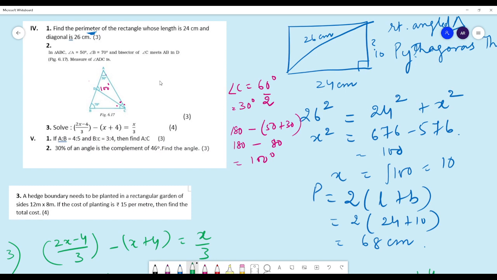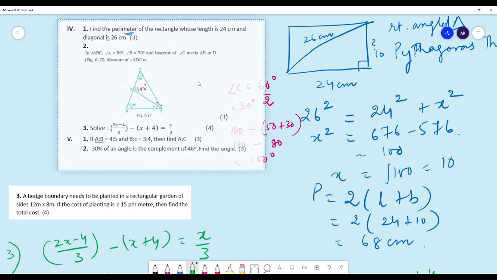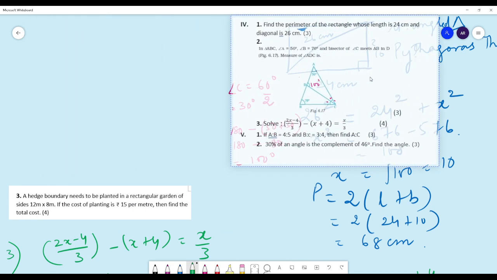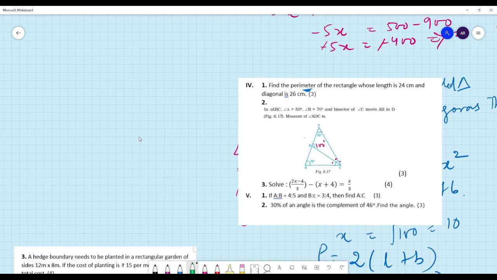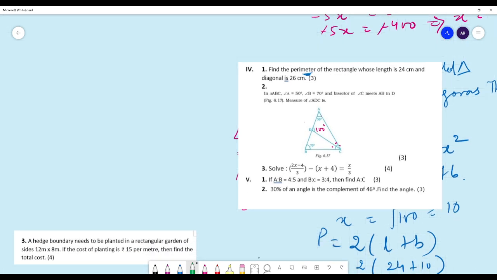Okay. Now let us solve this question over here. There is space over here, so I'll just shift it to this side and use this part to solve the questions. Now let us take this up.